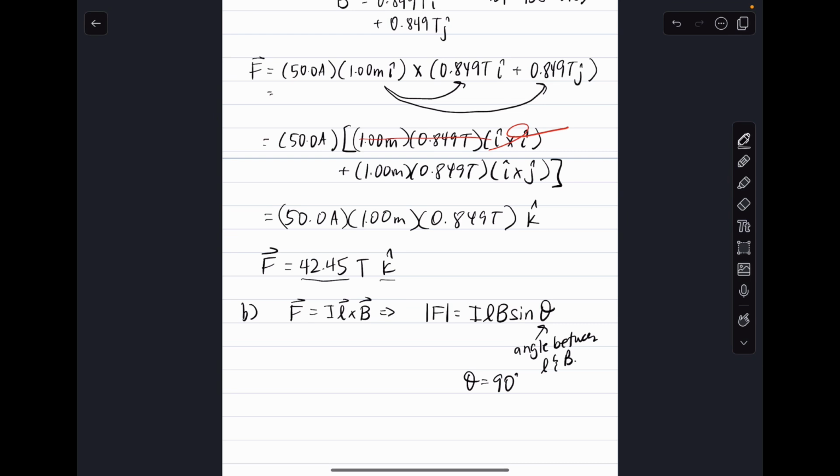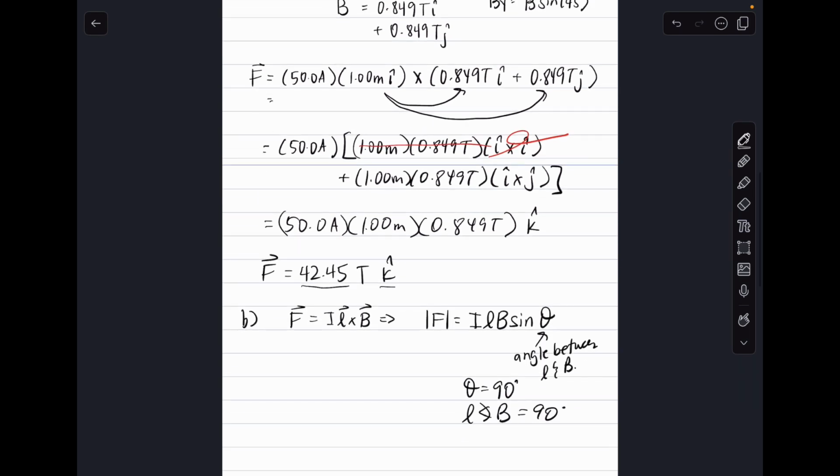So what we need is the angle between L and B to equal 90 degrees, because sine of 90 is 1.